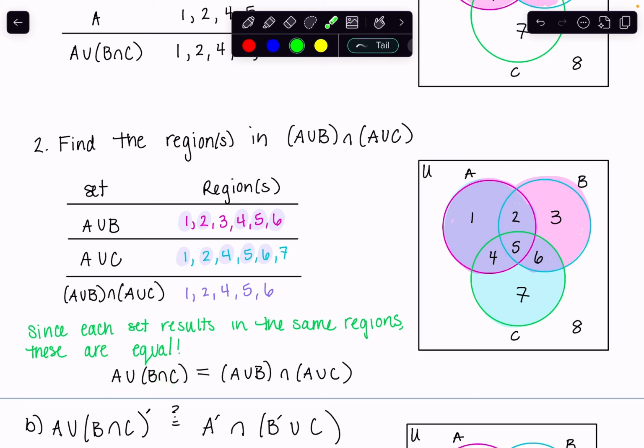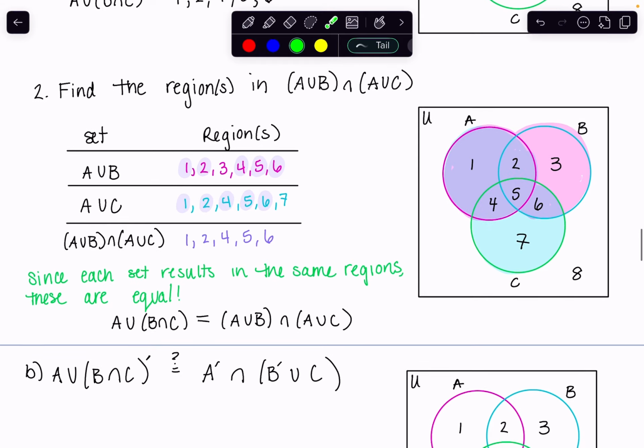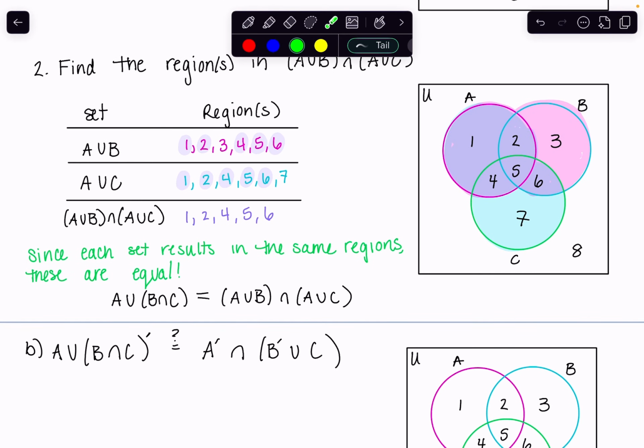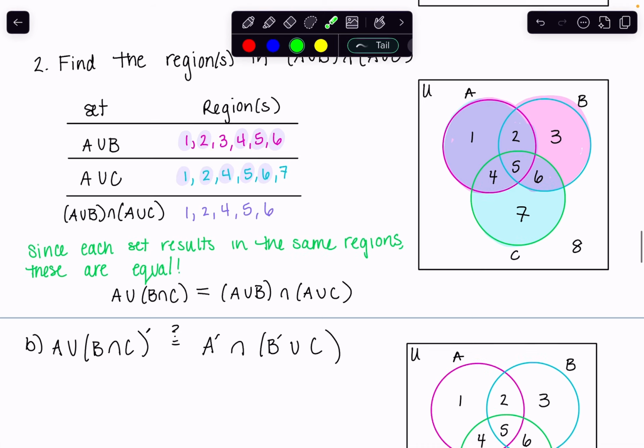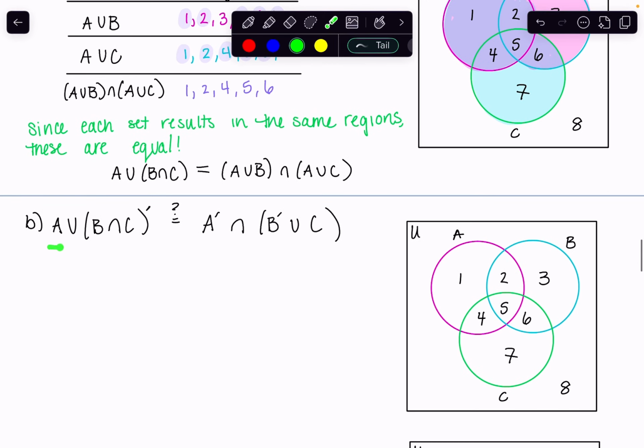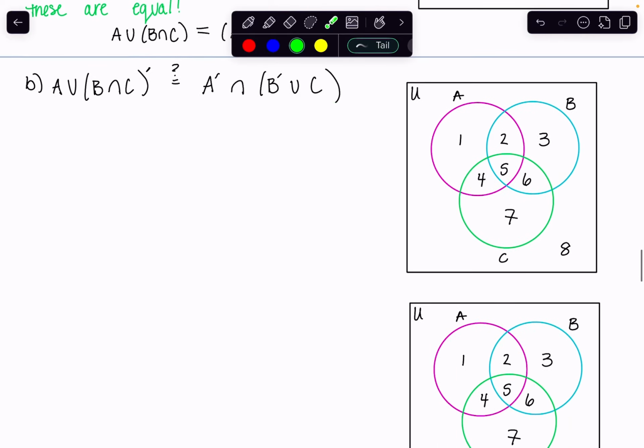Okay. So let's try another one of these. In this case, we'll hopefully come up with the opposite situation where they're not actually equal to each other. So I can't say this. So what I want to do is the same process. I'm going to go ahead and find the regions this talks about, find the regions that this one talks about.